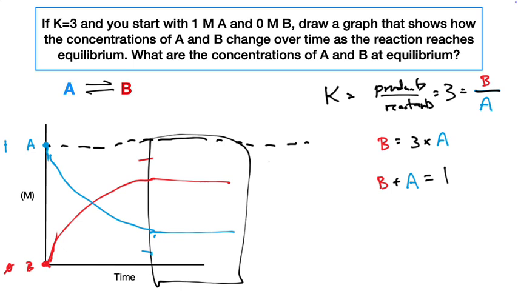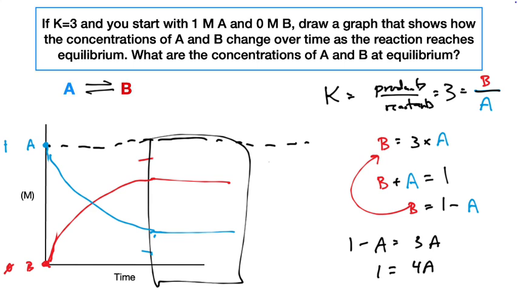This would be algebra. B equals 1 minus A. Now what do I do? Sub back in. 1 minus A equals 3 times A. 1 equals 4A. And I get A equals 1/4.